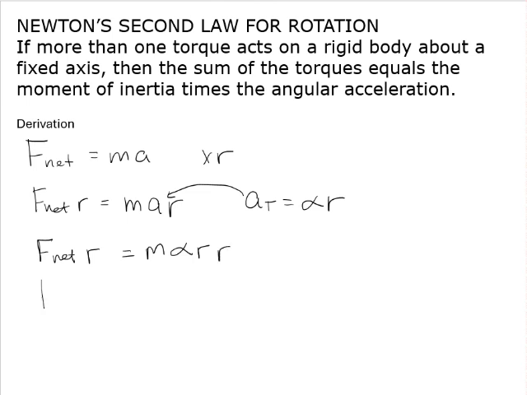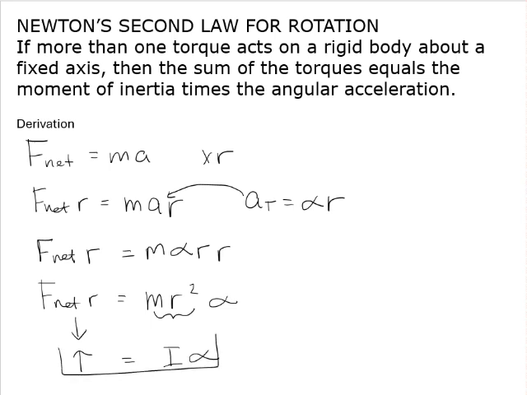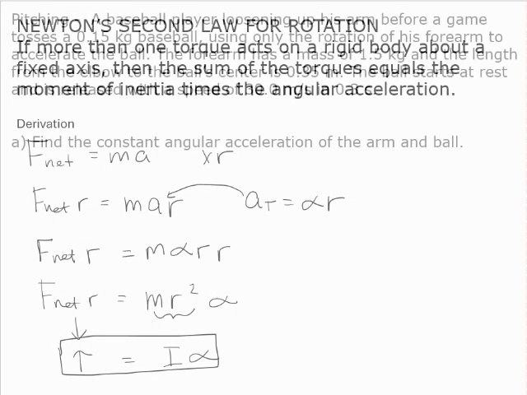From here, I'm going to rearrange a little bit to give my F net times the radius is equal to mr squared alpha, because now we can recognize some of our rotational variables. Net force times the radius is going to be my torque, and then mr squared is my moment of inertia times my angular acceleration. So this is my overall equation.